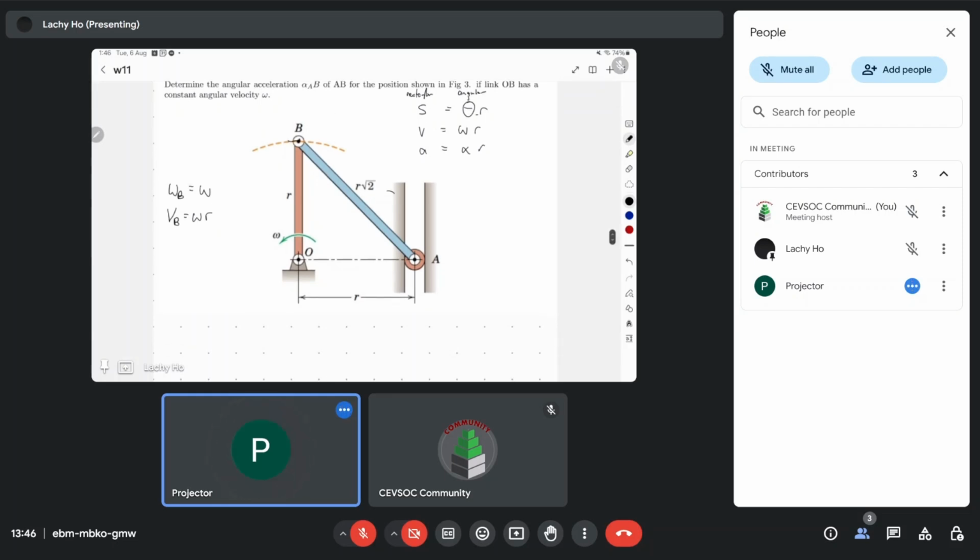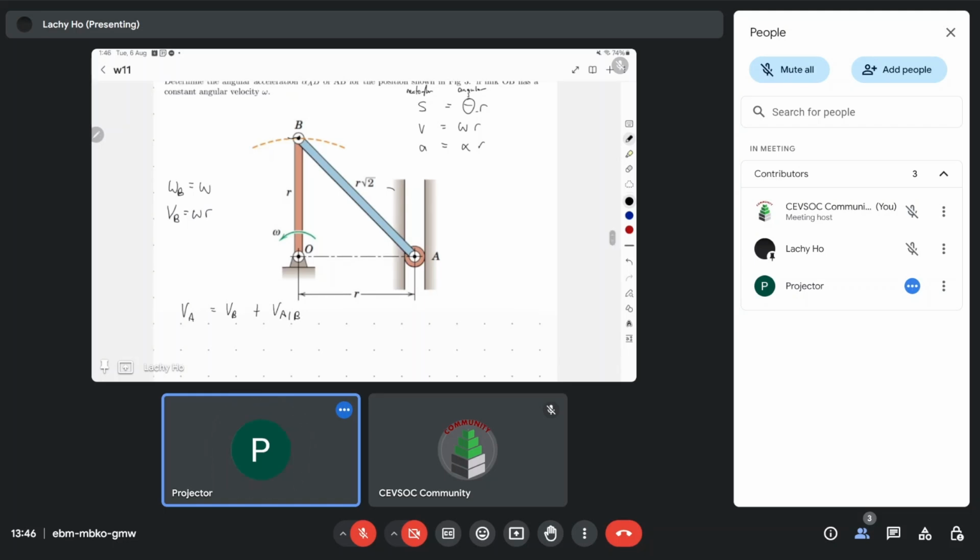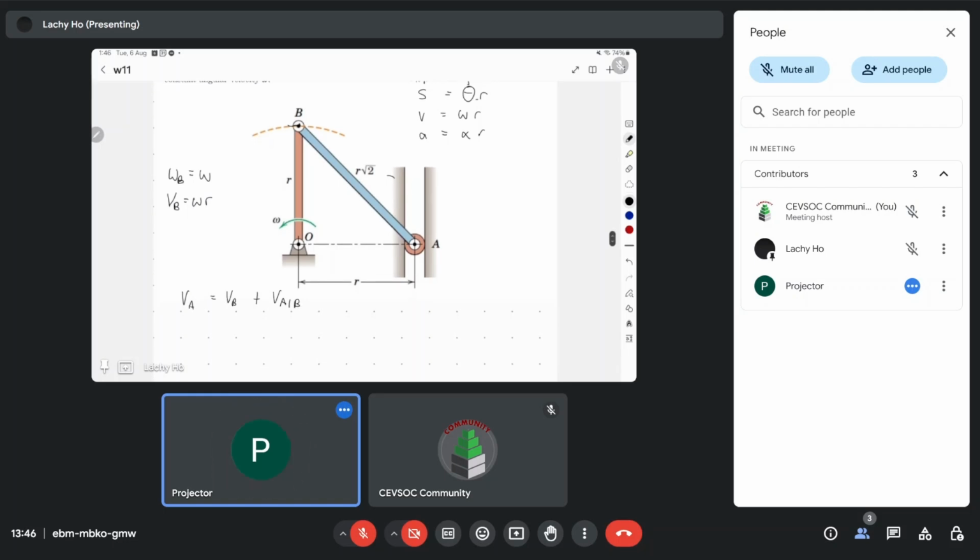And so if you remember, this is the relative velocity formula, and that is the velocity of A is equal to the velocity of B plus the velocity of A relative to B. And so what does that look like on a diagram?